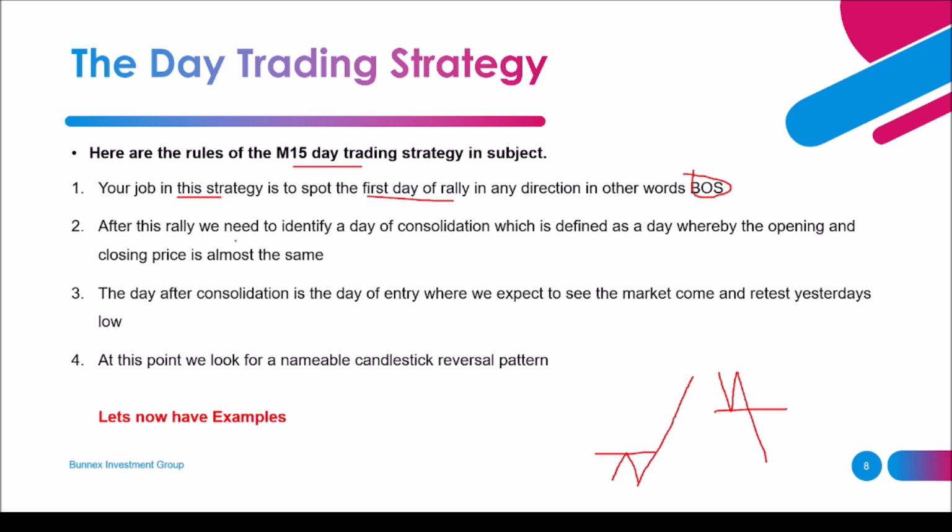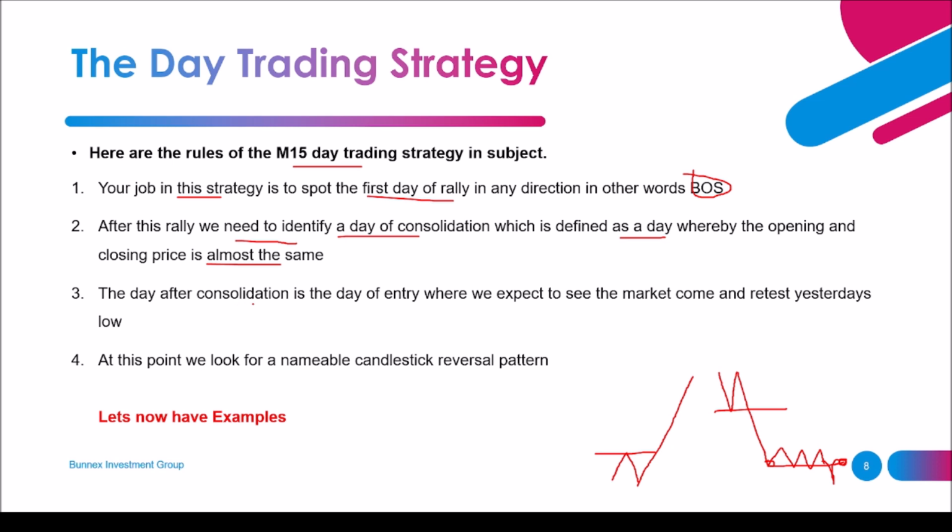After this rally, we need to identify a day of consolidation, which is defined as a day whereby the opening and closing price is almost at the same point, right? So after these rallies, we need to see a day of consolidation where the opening price and the closing price is almost at the same point, right?